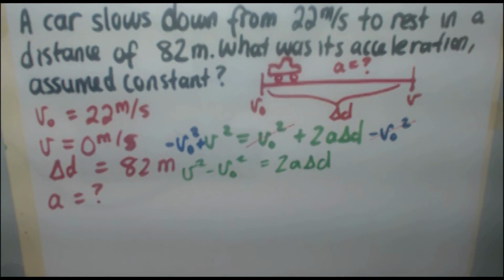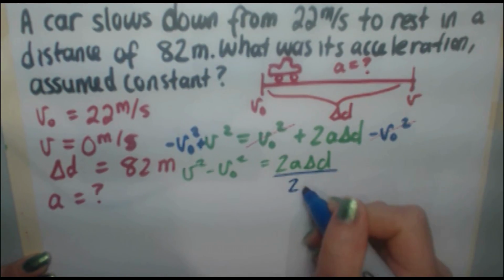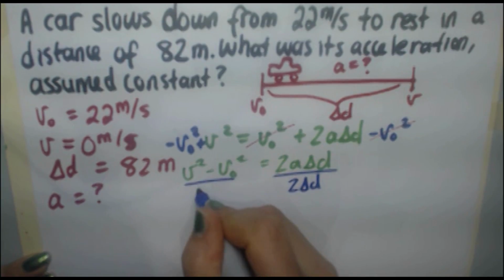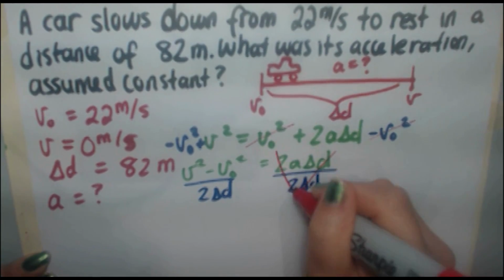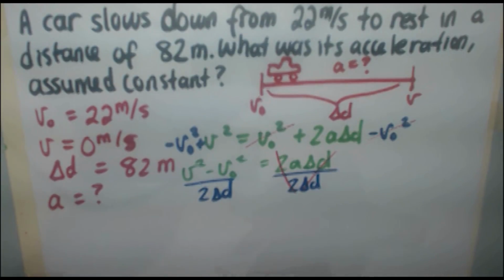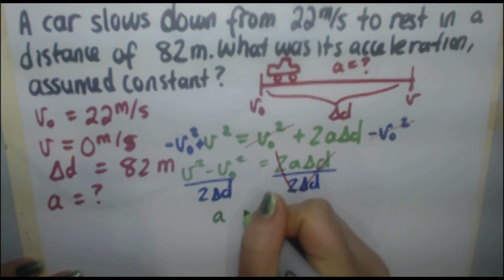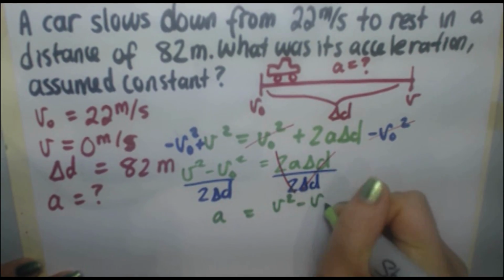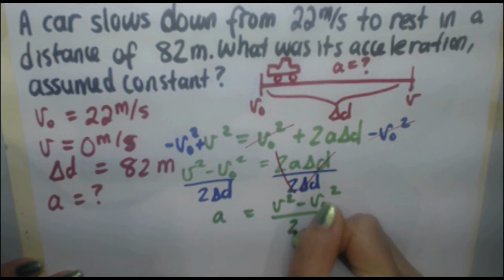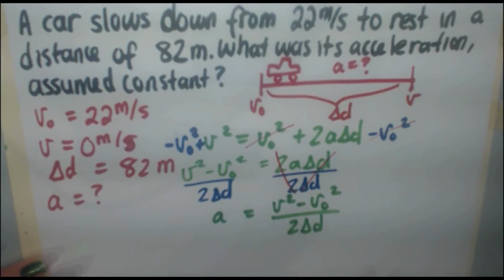Now the a is being multiplied by 2 delta d, so we want to divide both sides by 2 delta d, thereby canceling it out on this side. So you're left with, and I'm going to rewrite it so a is on the left, a equals final speed squared minus initial speed squared over 2 times the change in position.